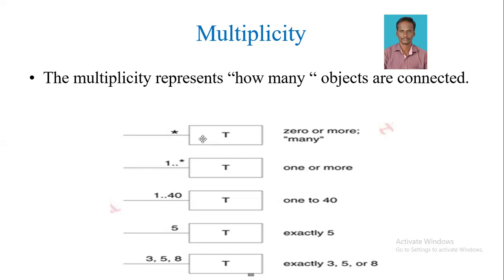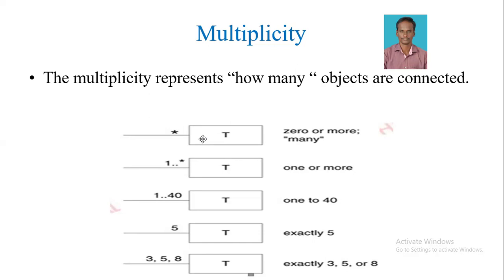If it is preceded with 1 dot dot asterisk, it means at least one object should be there, and other than that, any number of objects. Suppose it is 1 dot dot 40, it means 1 to 40. It should not exceed 40. It may have one object or 20 or 15 or 29 or 32 or 40 objects, but it should not be 41. It should have exactly 1 to 40.